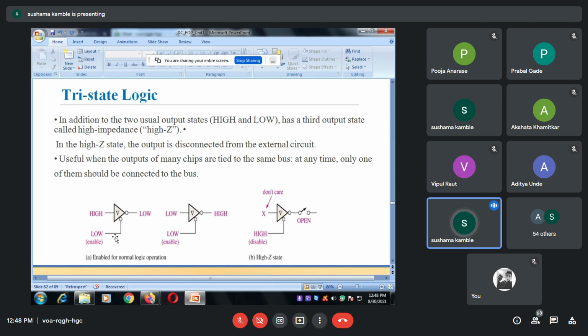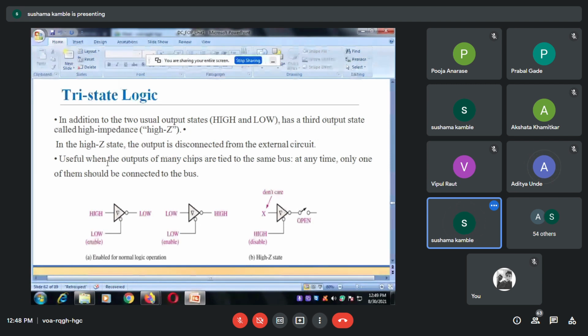Means whenever enable is low, it performs the normal logic operation. It doesn't affect the circuit. But when enable is equal to high, E is equal to high, whatever may be the input, either low or high, don't care condition, the output will remain as it is.